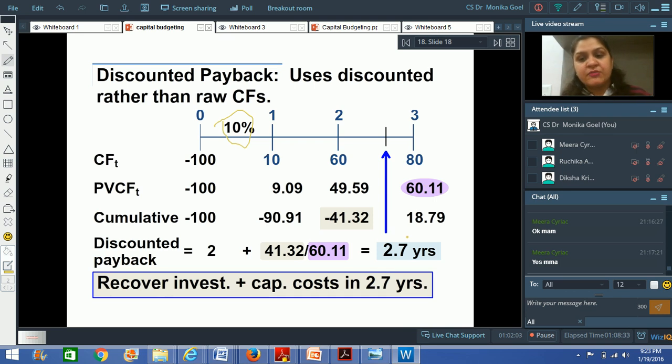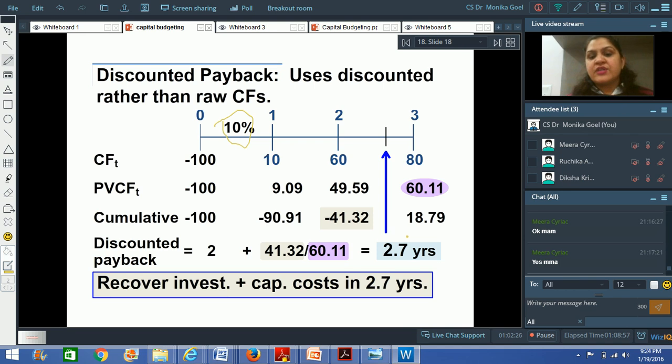Then I add to it the discounted cash flows that I am getting in year 2. So 49.59 I add to minus 90.91 and my cumulative outflow is minus 41.32. To this I add 60.11 and then I get the cumulative cash flow of 18.79.